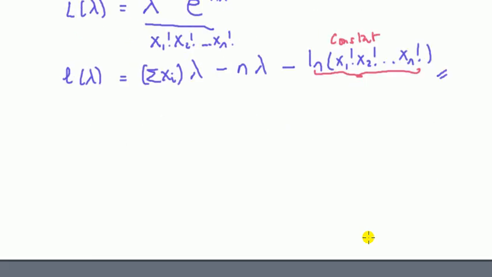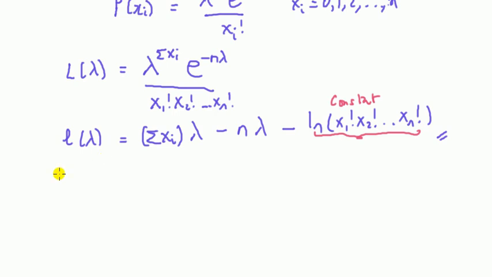Differentiate this with respect to my parameter, lambda: sum of xi over lambda, minus n, minus 0. I missed a log there, sorry.